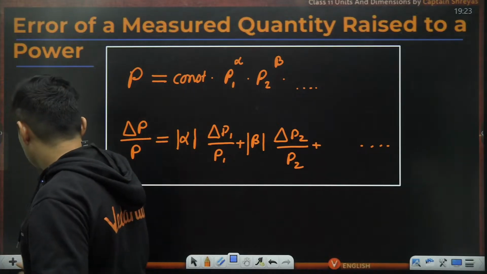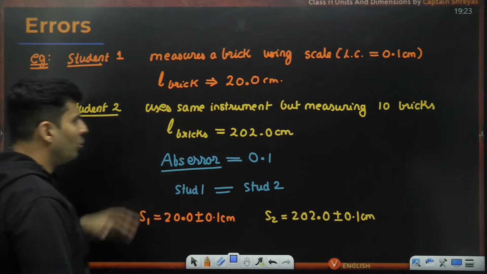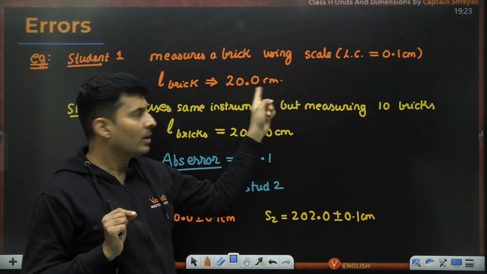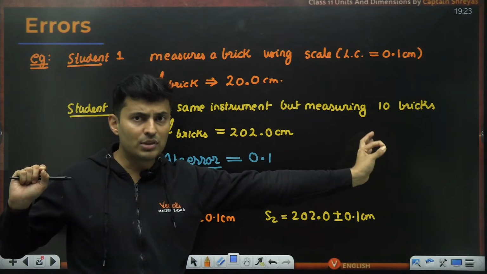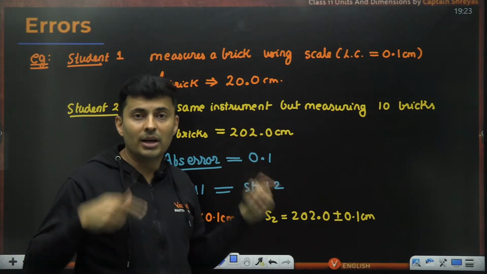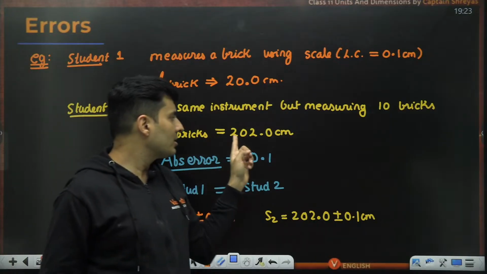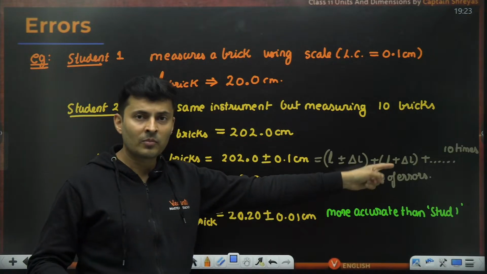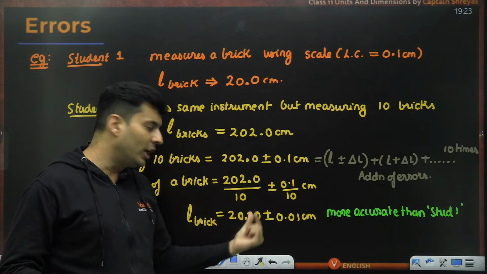Shravya, in the previous problem, I told you, both the students use the same instrument. One student used it for measuring only one brick, the other student measured the length of 10 bricks. Absolute errors for the total measurement were the same. But when you find it per brick, things will not be the same, because the total length of 10 bricks is 202.0, and per brick, 202 will be divided by 10, which will be 20.2.